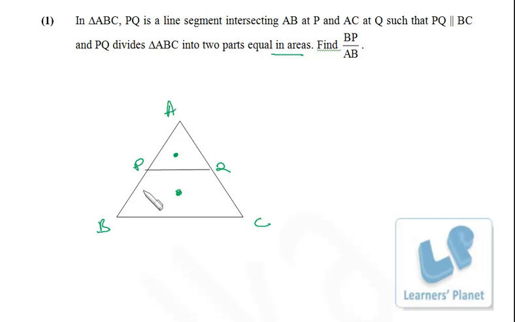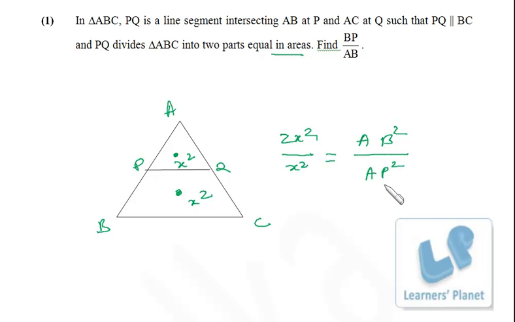That's a pretty interesting problem, very frequently asked in competitive exams. Now I assume the area of triangle APQ is x square, then the area of BPQC will also be x square. That means the area of triangle ABC will be 2x square, right? Now triangle APQ is similar to triangle ABC, so the ratio of areas is equal to the square of their corresponding sides.